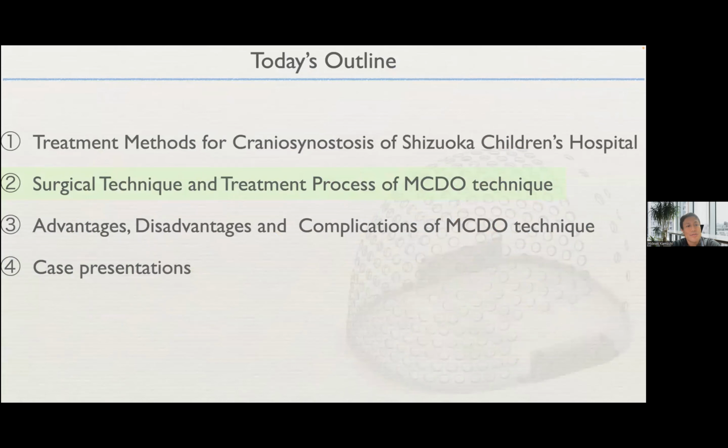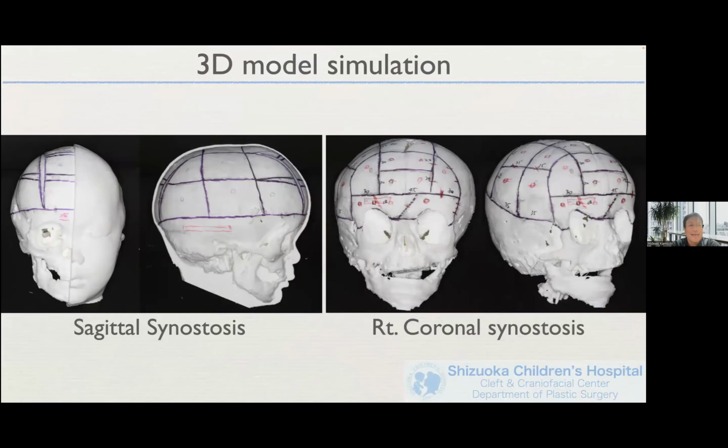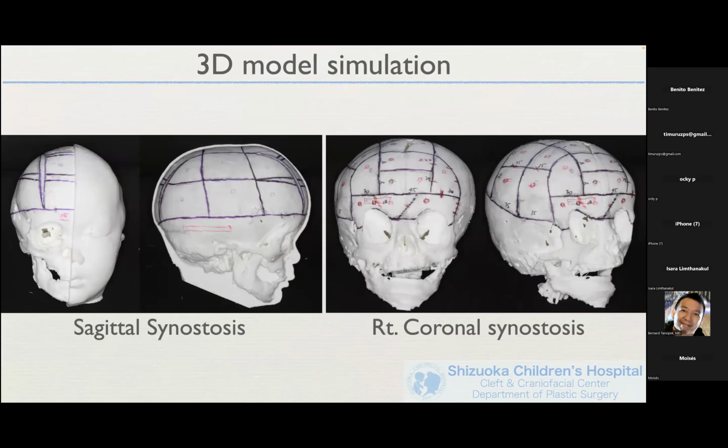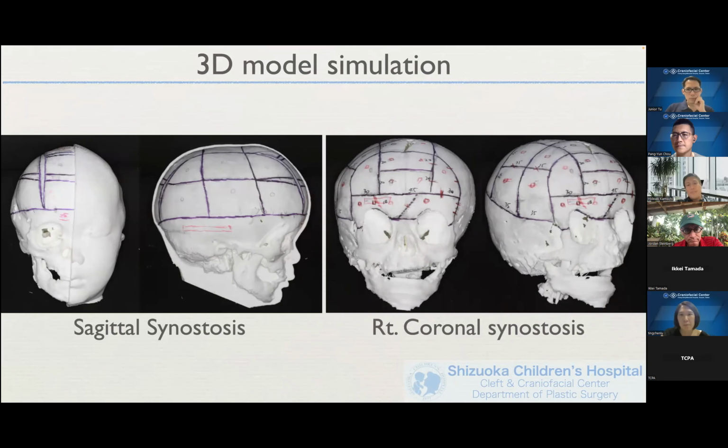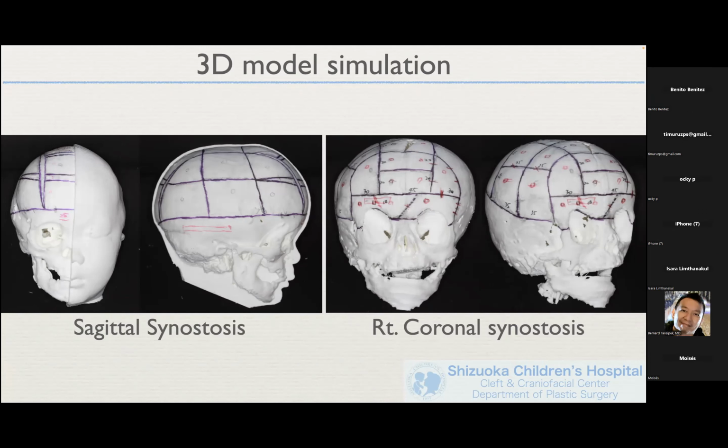Okay, second, surgical technique and the treatment process of the MCDO technique. 3D model simulation. We designed a bone cutting line on the deformed area of the skull using a 3D model. In the case of symmetrical head deformities, we use a model where both bone and soft tissue were evenly represented across a midline.